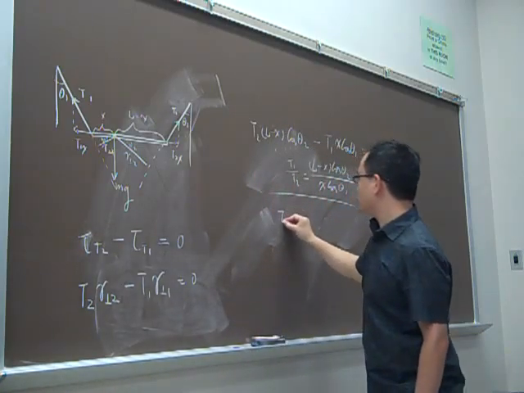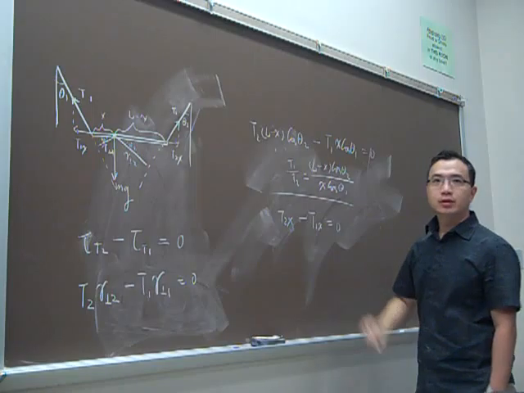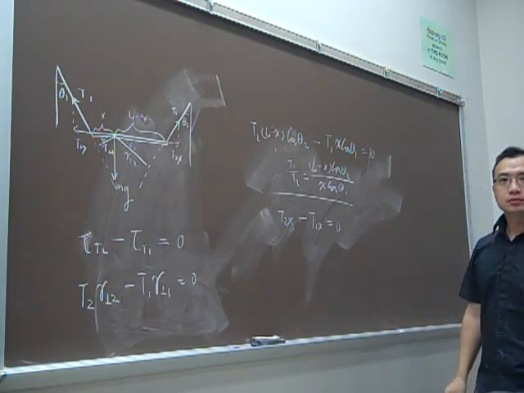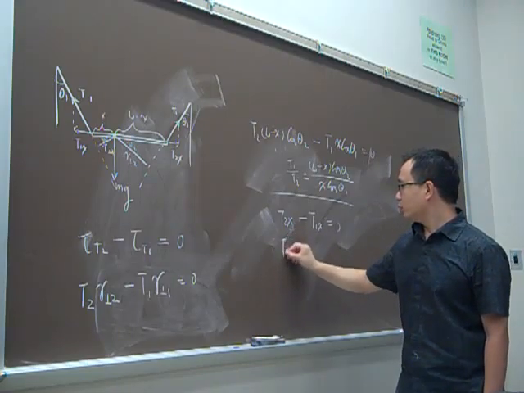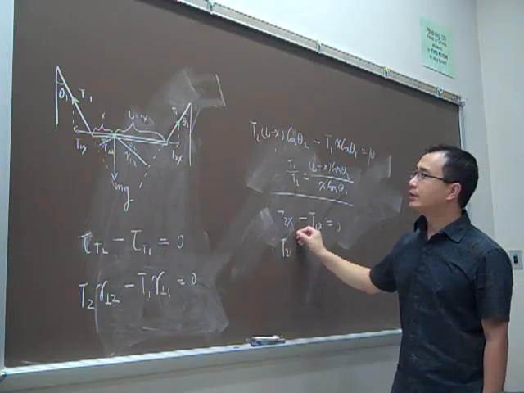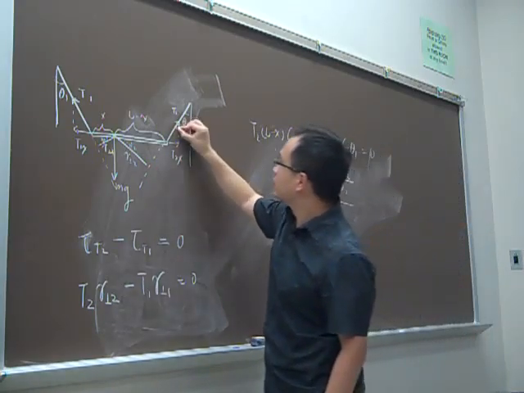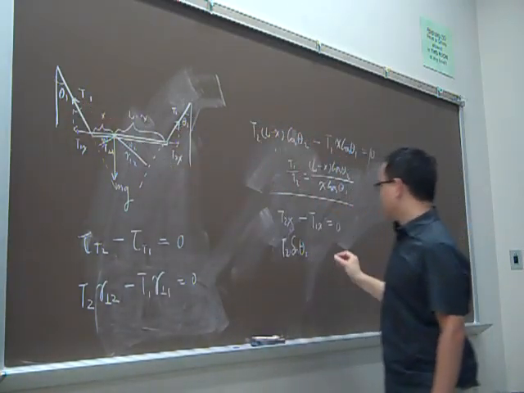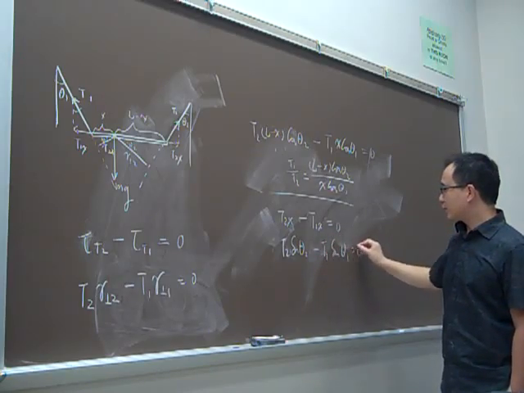So we get T2x minus T1x should be 0, right? And T2x is T2 multiplied by sine theta 2 here, angle here, minus T1 multiplied by sine theta 1 equals 0.